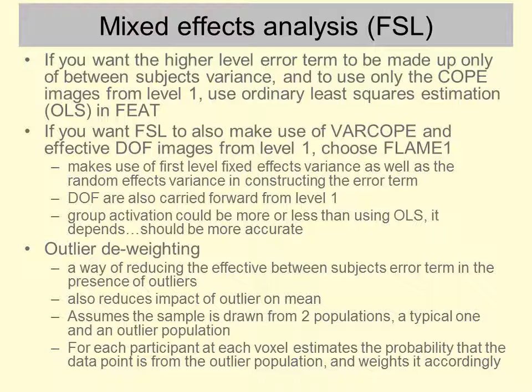And it works by assuming the sample is drawn from two populations, a typical one and an outlier population. For each participant, it's going to estimate the probability that that data point is from the outlier population and de-weight it if it thinks that it is. Note that it does this on a voxel-wise basis, so a particular participant could be judged to be an outlier in one group of voxels in one particular part of the brain, but not in others.